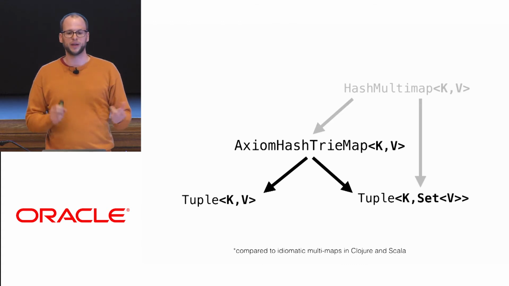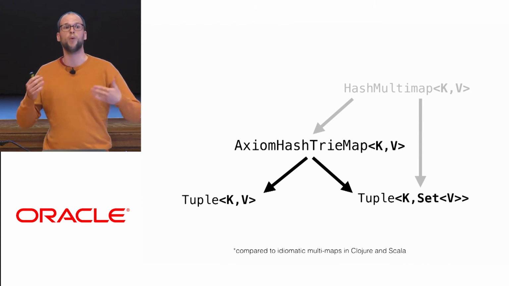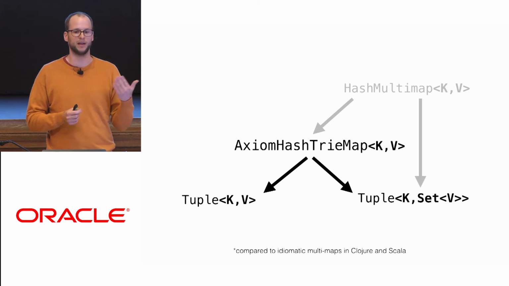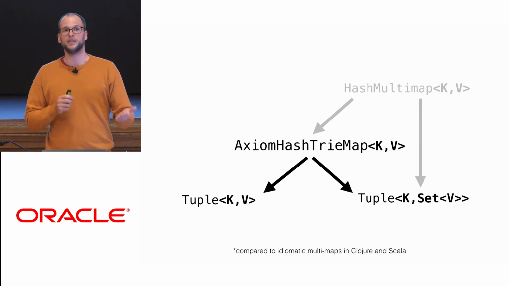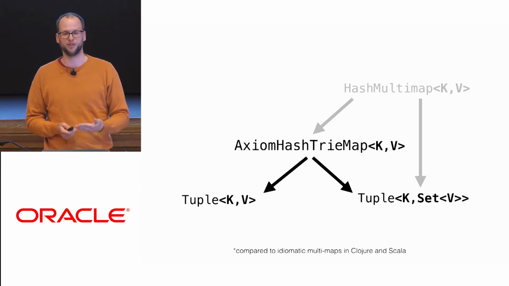Well, let's look at how it behaves for multi-maps. Runtime characteristics usually speed up because we have a more integrated approach, and that's due to the bitmap encoding that I showed you before. So it's on average 25 to 50% faster than having the explicit composition of nesting sets in maps.